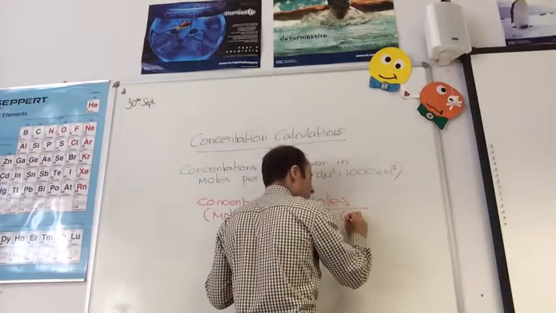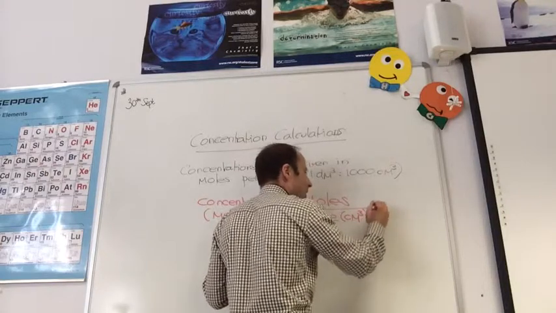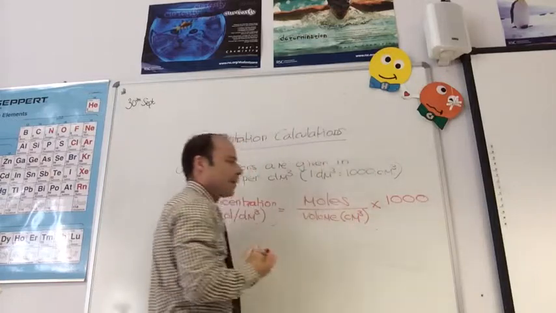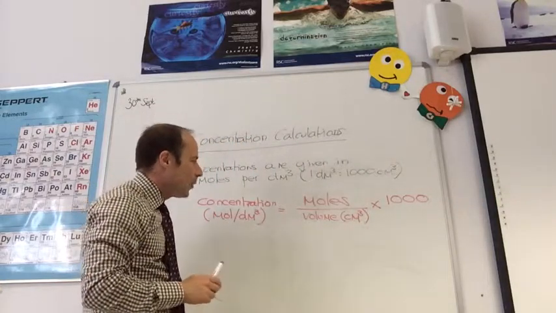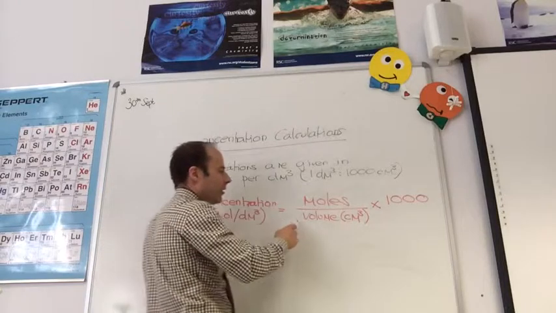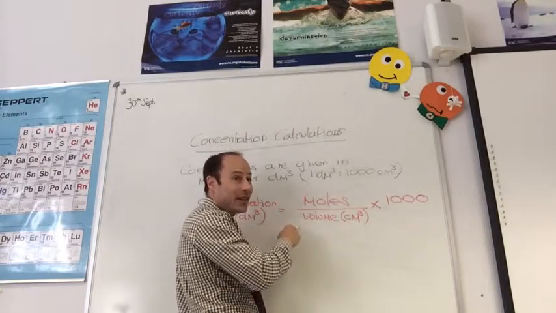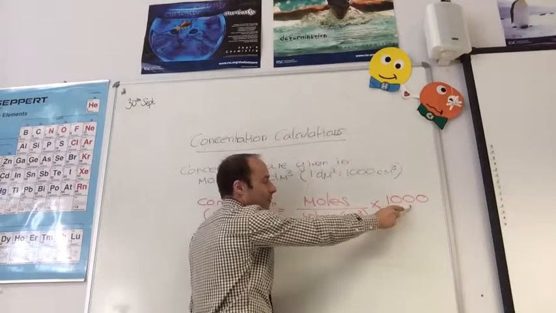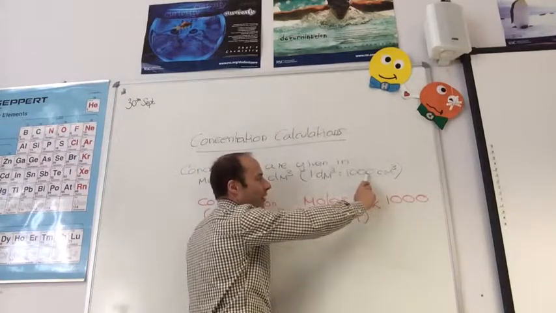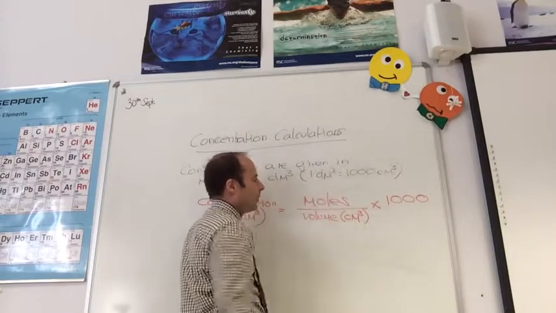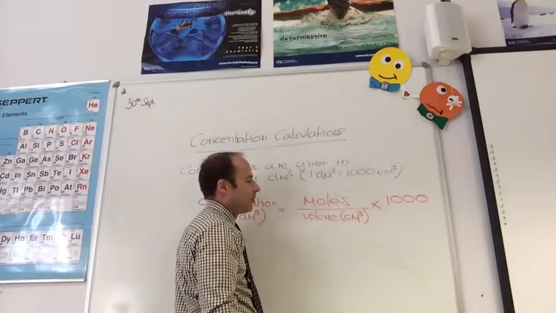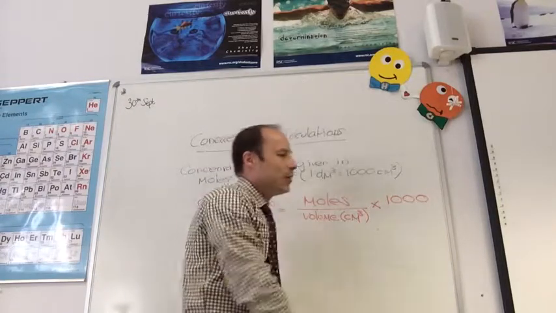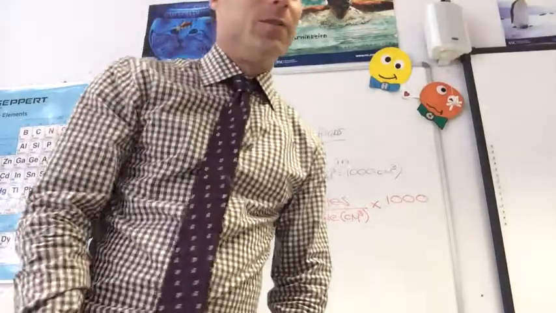So the volume you have in a certain number of centimetres cubed, times by 1,000. Now the way that formula works out is I find out how many moles, I divide it by the number of centimetres cubed I've got, that tells me how much is in 1 centimetre cubed. I times it by 1,000 to find out how much is in 1,000 centimetres cubed, which is equal to 1 decimeter cubed. You need to learn to love that equation because you are going to use it a lot over the next few lessons.